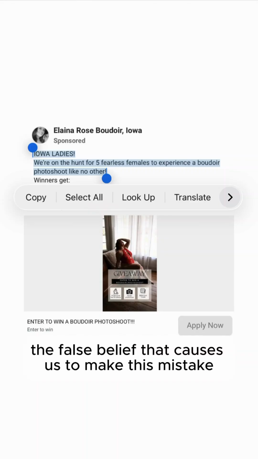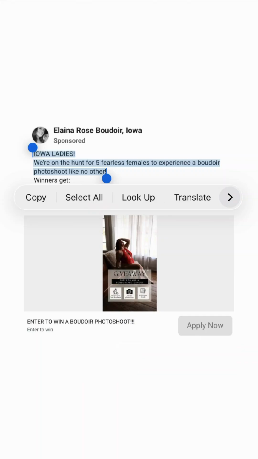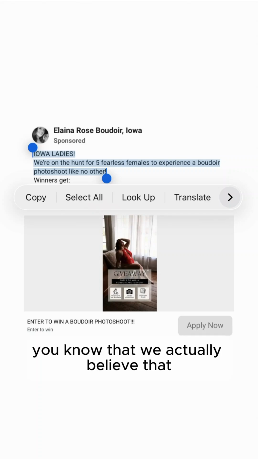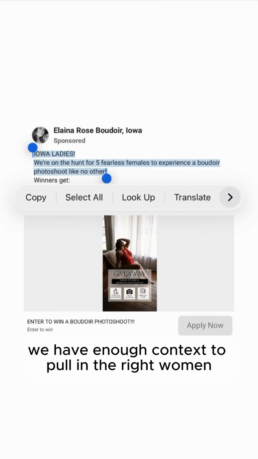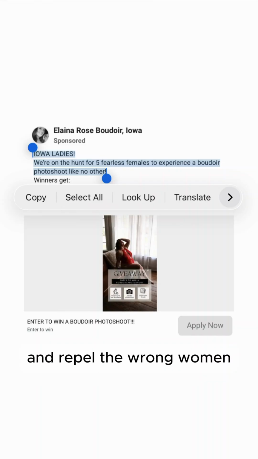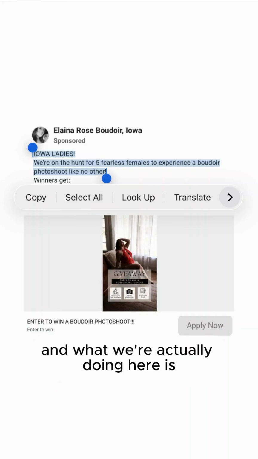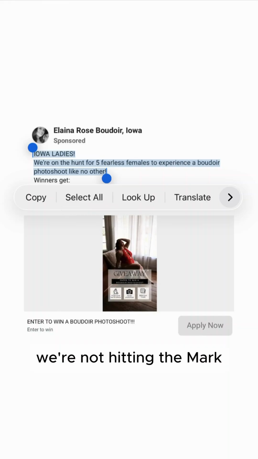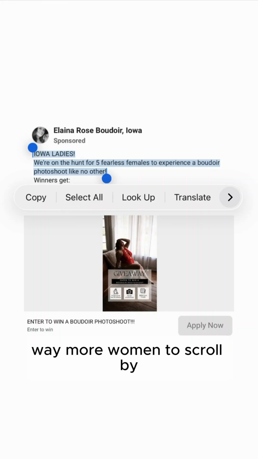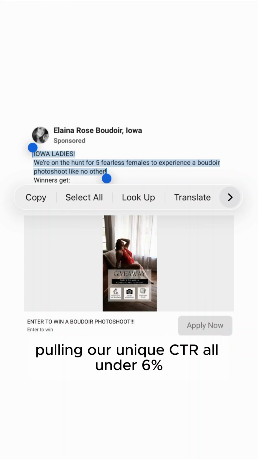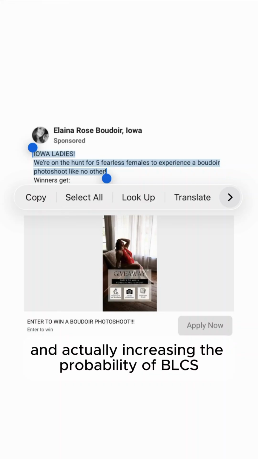The false belief that caused us to make this mistake is that we actually believe that we have enough context to pull in the right women and repel the wrong women in the most optimized fashion. And what we're actually doing here is we're not hitting the mark, causing way more women to scroll by our boudoir Facebook ad than necessary, pulling our unique CTR under 6%, and actually increasing the probability we have BLCS, boudoir low click syndrome.